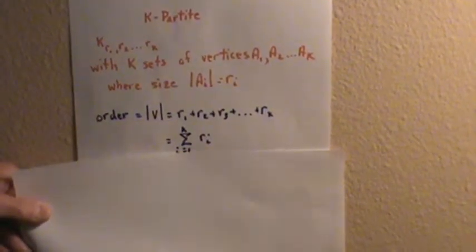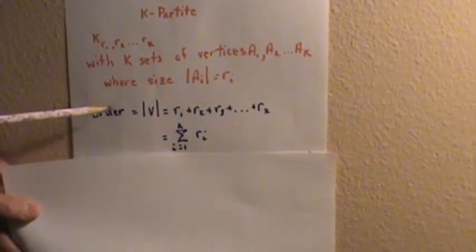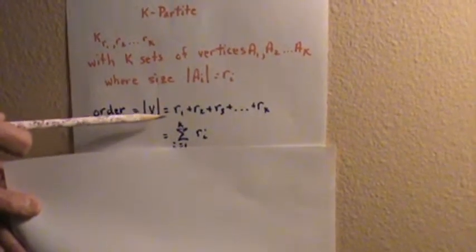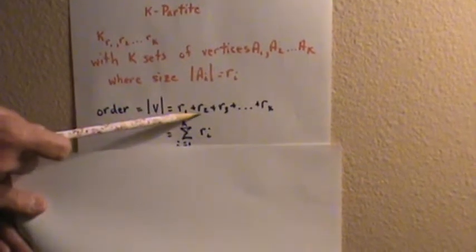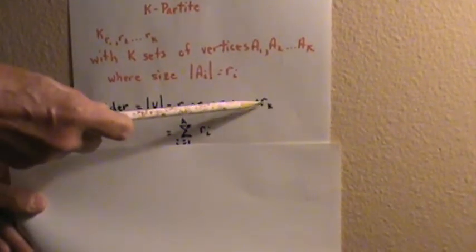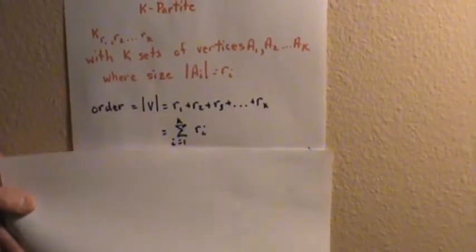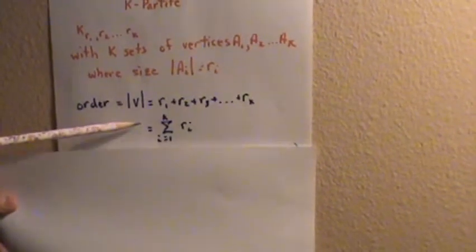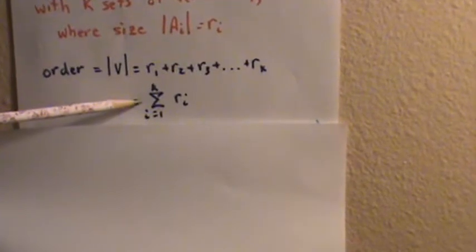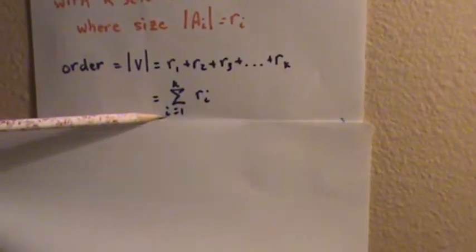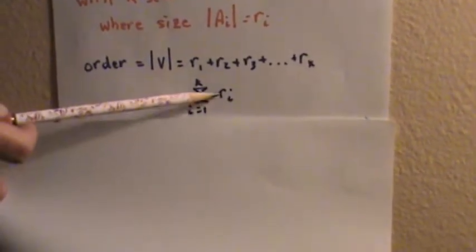To find the order, just as we did in the 2 examples, we simply add the number of vertices. So we're going to add R sub 1 plus R sub 2 plus R sub 3 all the way up to R sub k. If we want to write that into a correct summation statement, then we have the sum as i starts at 1 and goes to k of R sub i.